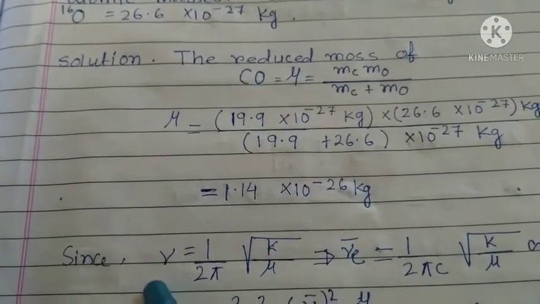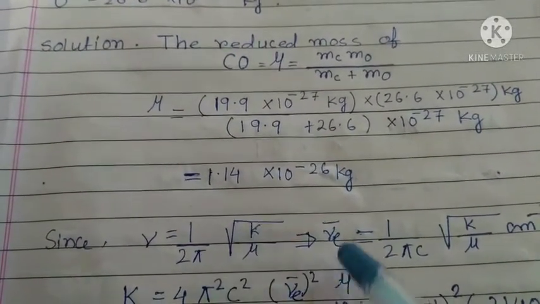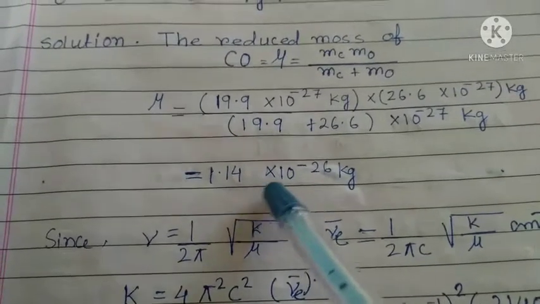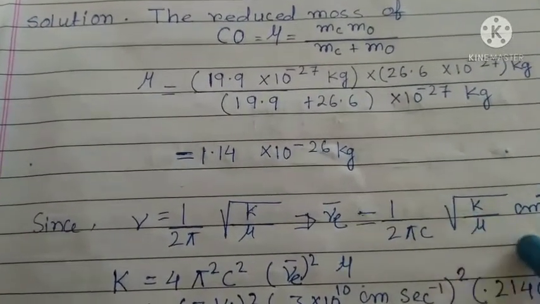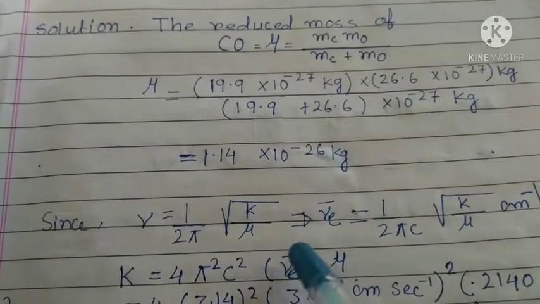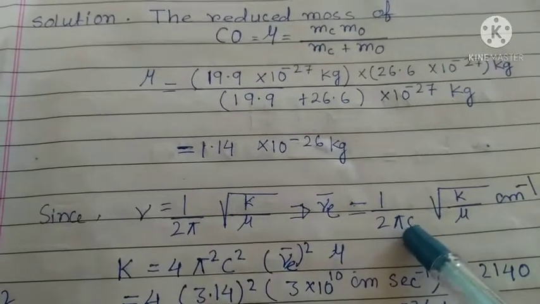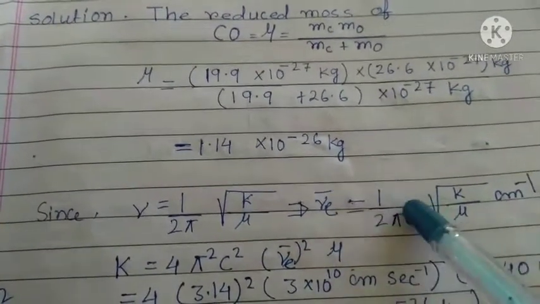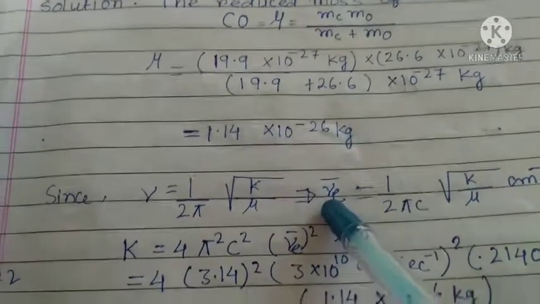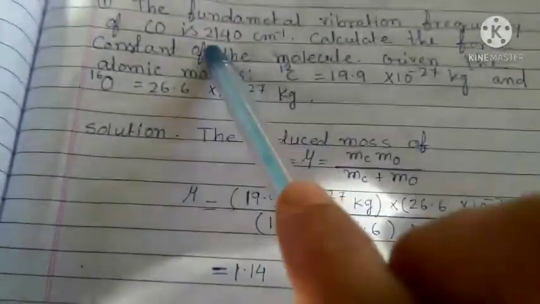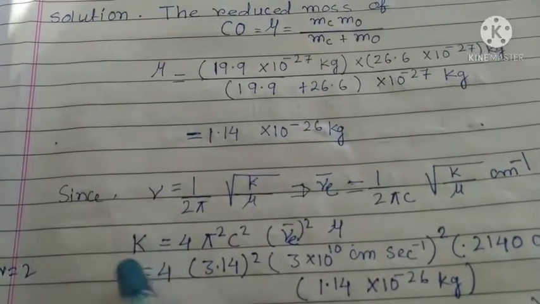Now we want to calculate the force constant, so we take the equation ν̄_e = (1/2πc)√(k/μ). I already discussed that this equation is very useful, and we can determine many things from it. Here we also know the ν̄_e value, so we put it in, and we can calculate k.